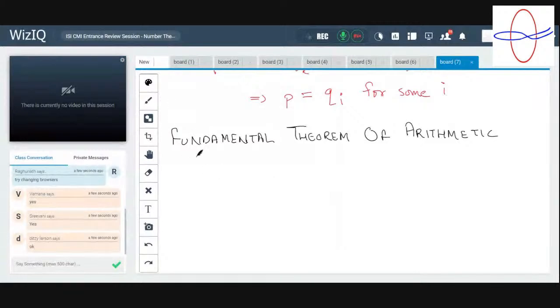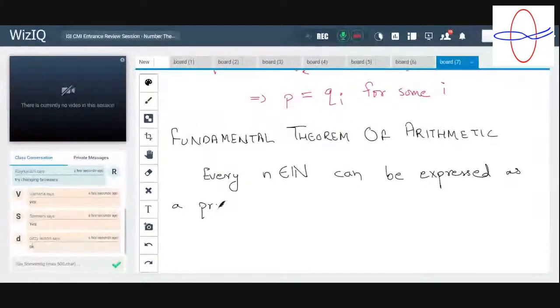So what this states is that every natural number n can be expressed as a product of powers of, say, distinct primes.